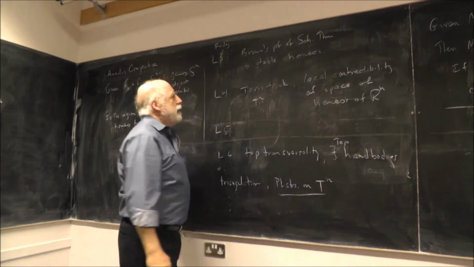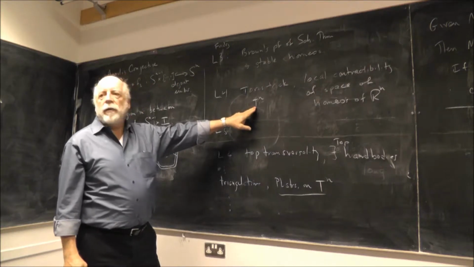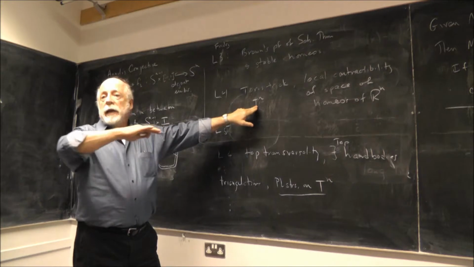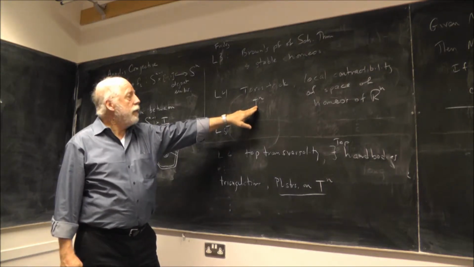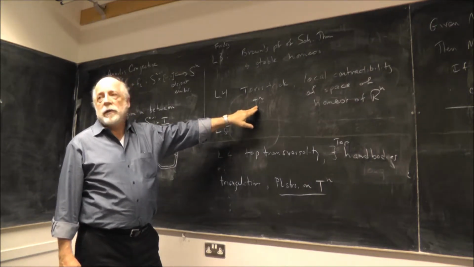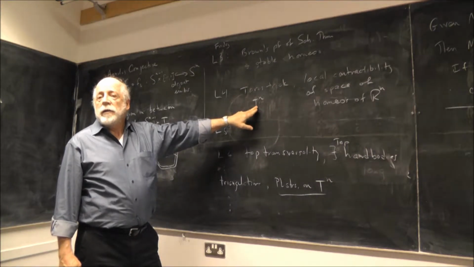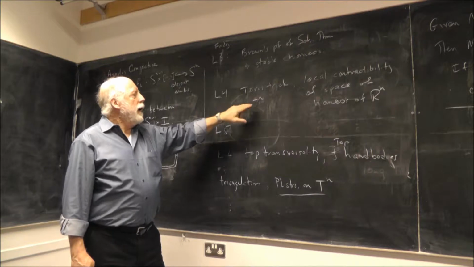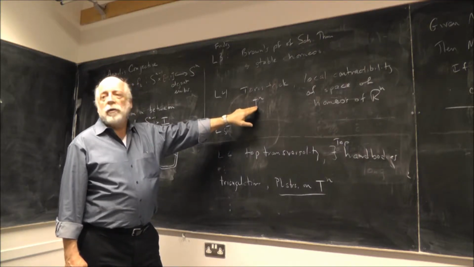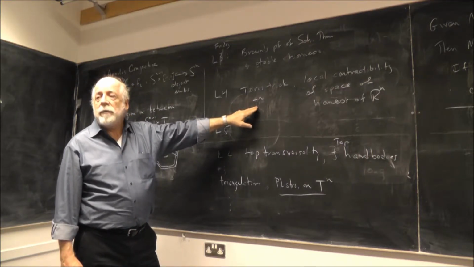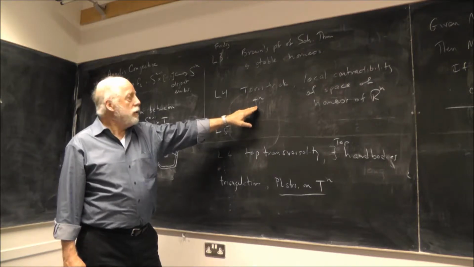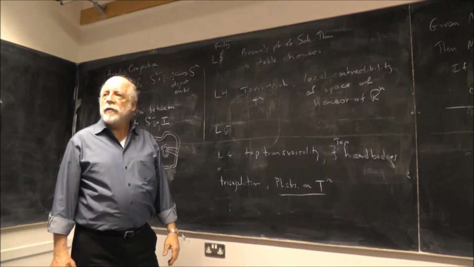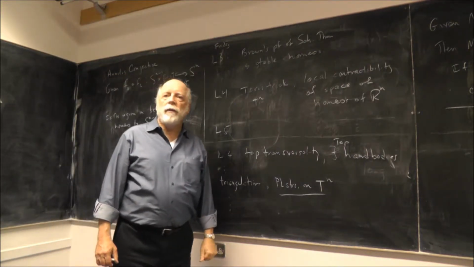The 2 features that we want about the n-torus are that the universal cover is n-space, and that if you remove a point, you can immerse it in n-space. So for Lipschitz structures, Dennis Sullivan needed a hyperbolic manifold. He needed a manifold whose universal cover was hyperbolic space, and also that if you removed a point, you could immerse it. And that was very hard to construct, and it was hard work for him to do that.